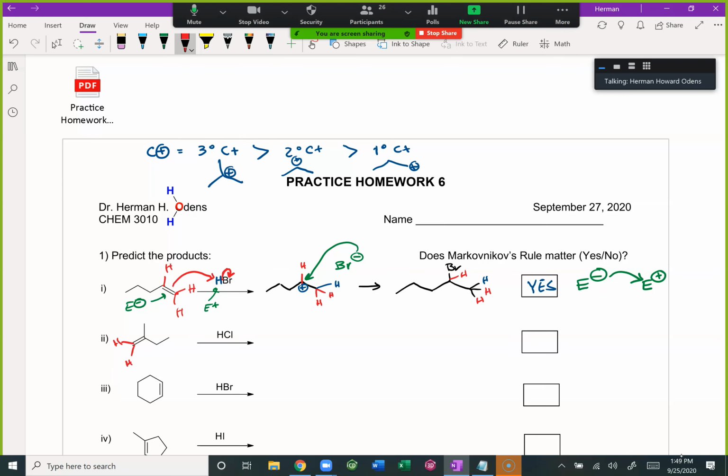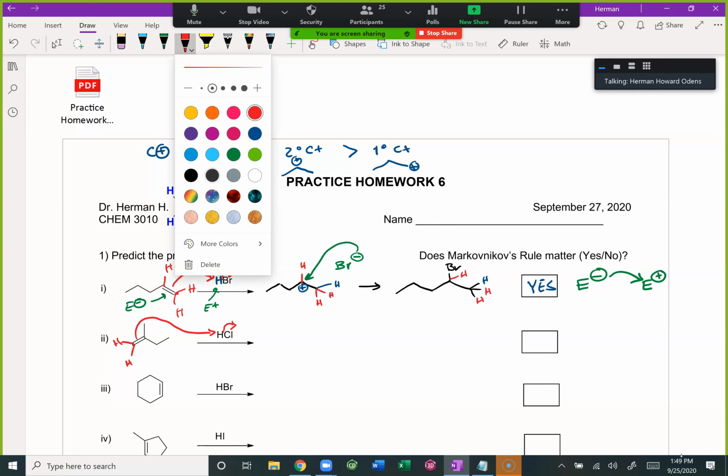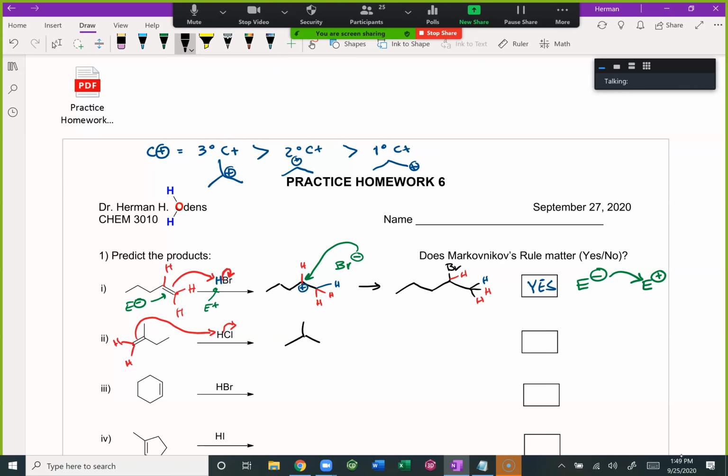This is my situation here. The carbon on the left has 2 hydrogens, the carbon on the right has none. The double bond attacks the hydrogen, and the electrons are transferred to the chlorine. And now you have this. You have a new hydrogen.